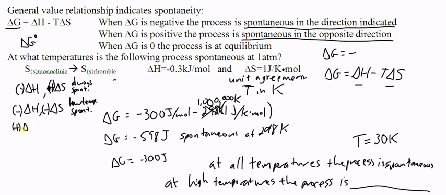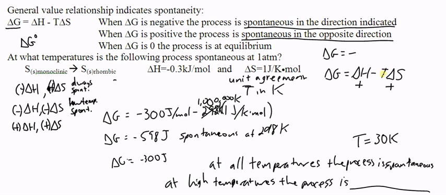So now let's look at the other possibilities. Positive delta H and positive delta S. So now what we're going to find is that with positive and positive, we have a starting point, delta H, that is going to be non-spontaneous.